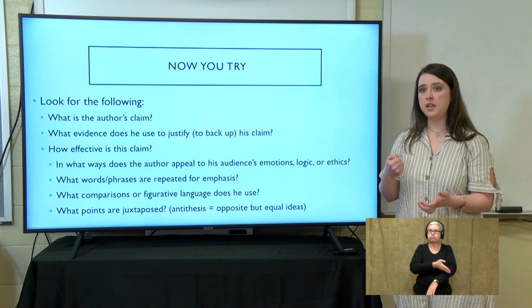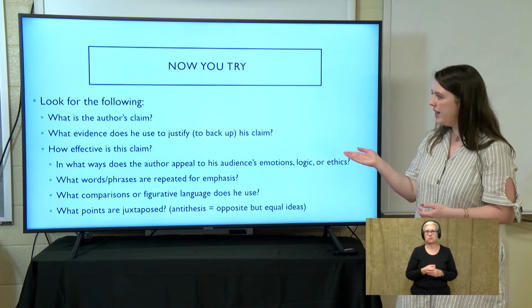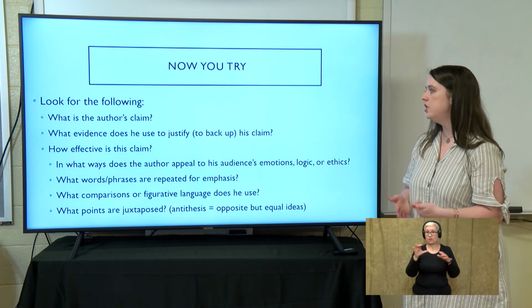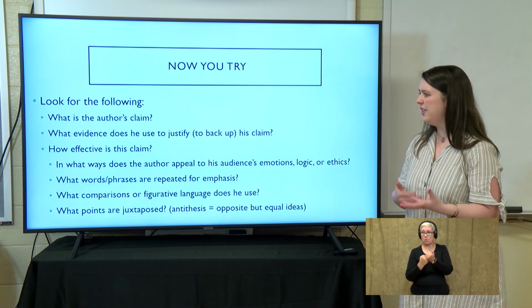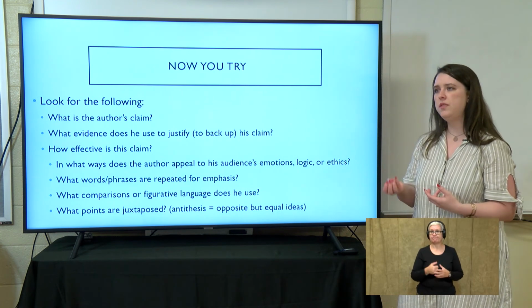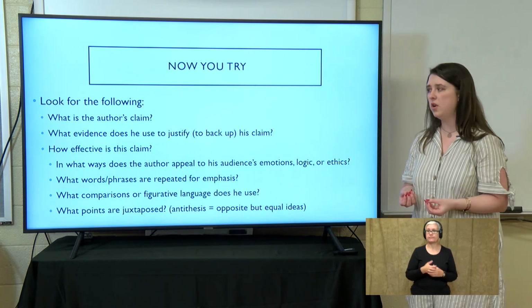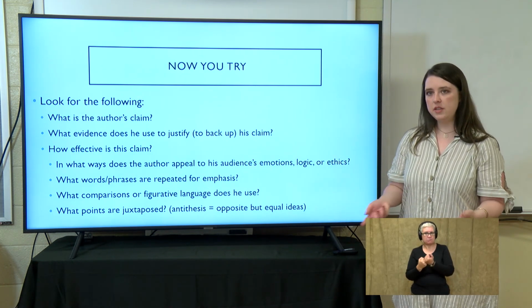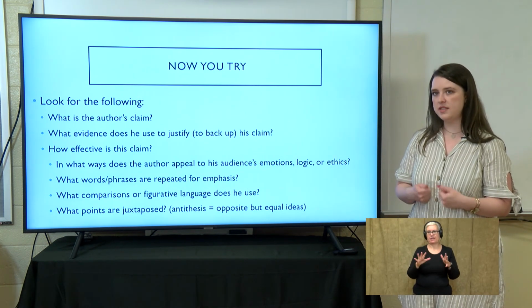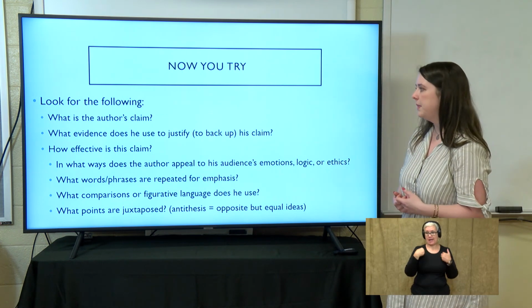And he really made change with that. What evidence does the author use to justify his claim? What evidence does he use to back it up, to show that this is why it's a problem? If we were to finish the I Have a Dream speech, then we would see what he uses as examples to back himself up.